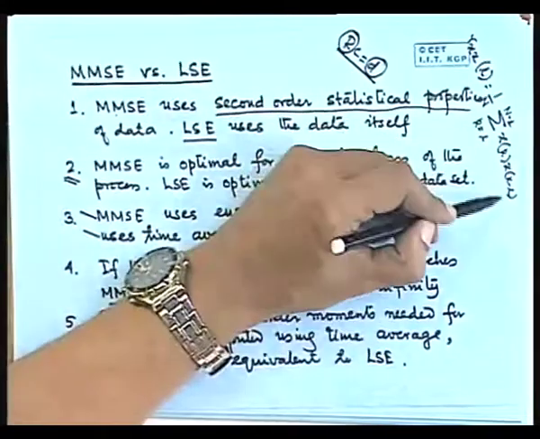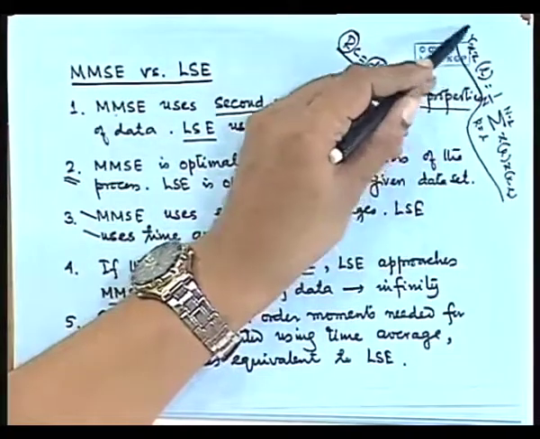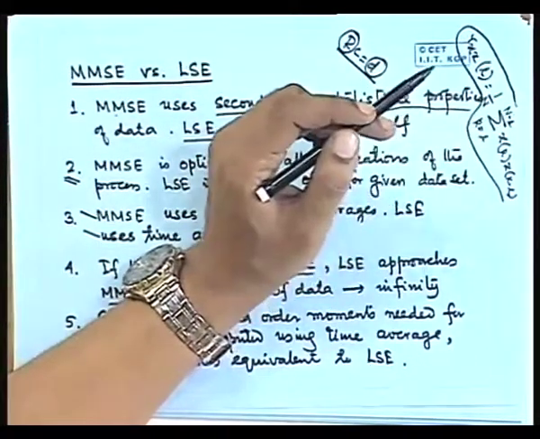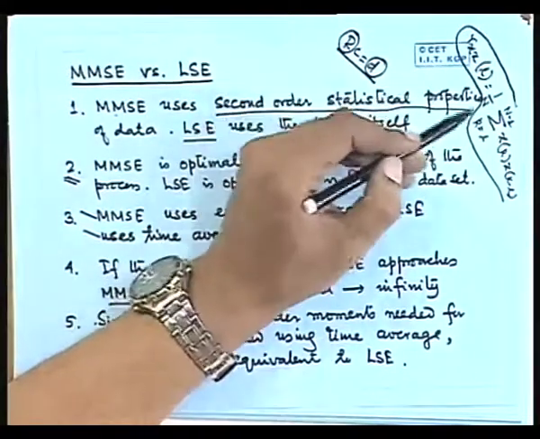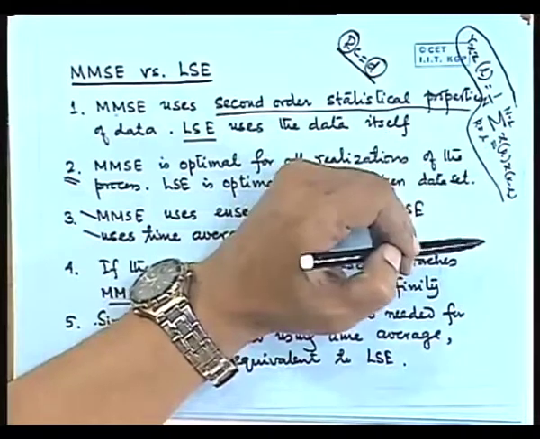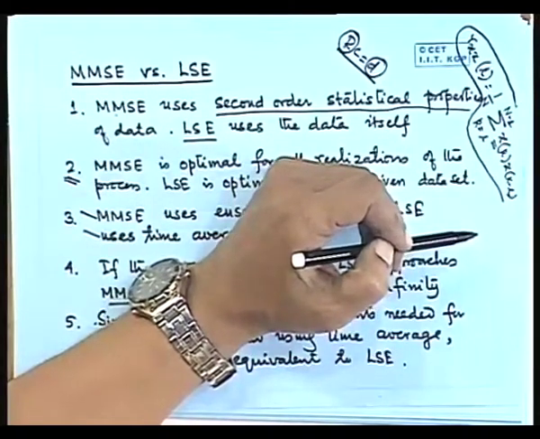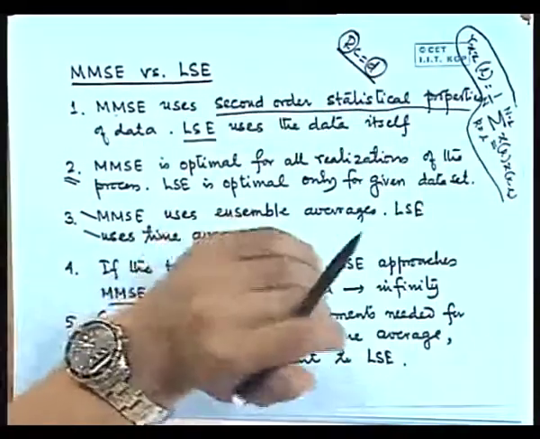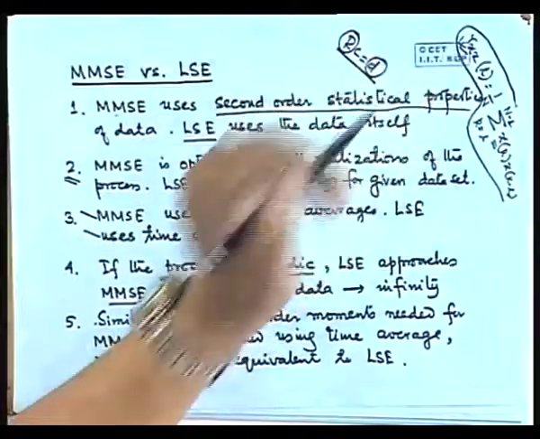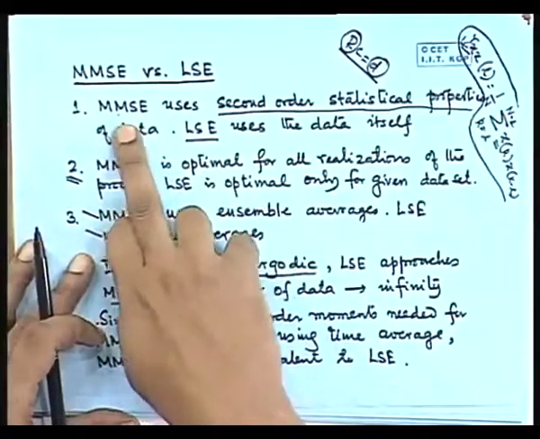If you are given one finite set of data where x(k) values are available from 0 to capital N minus 1, an N length sequence, then this gives an estimate of the autocorrelation function. We had seen that.